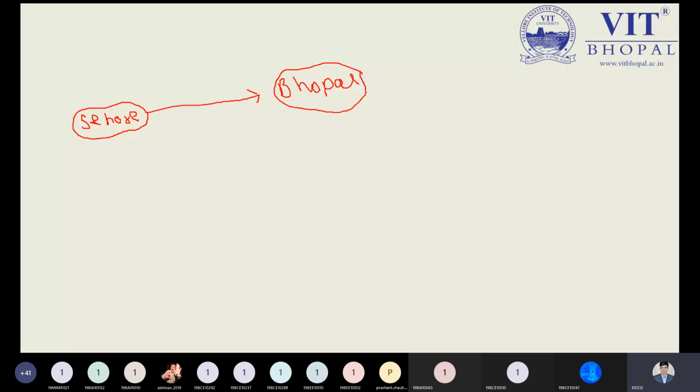Now, this Bhopal is also connected to other cities as well. I'm just taking a simple example like Agra. And Agra is connected to another city, that is Delhi.